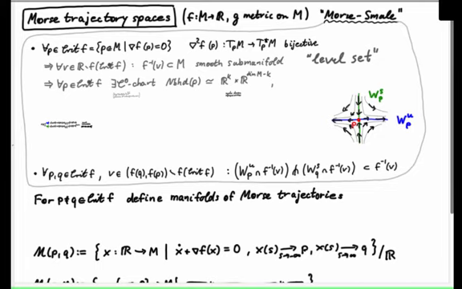And by looks like this, I mean the gradient of f. So there's a splitting, and the gradient of f maps a point (x, y) to the vector (x, minus y).